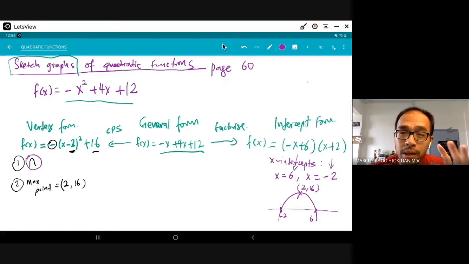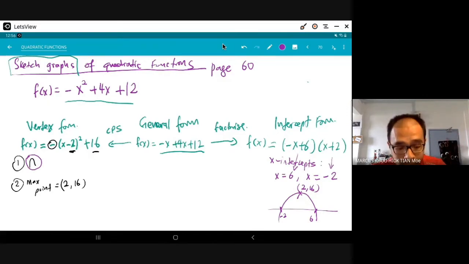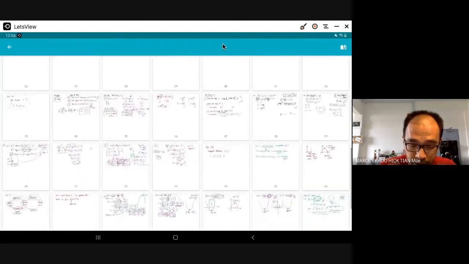Now the general form will give us the last two pieces of very important information. Number one, the value of b squared minus 4ac. Remember the three conditions for b squared minus 4ac? Do you still remember? Let me see if I can find it.